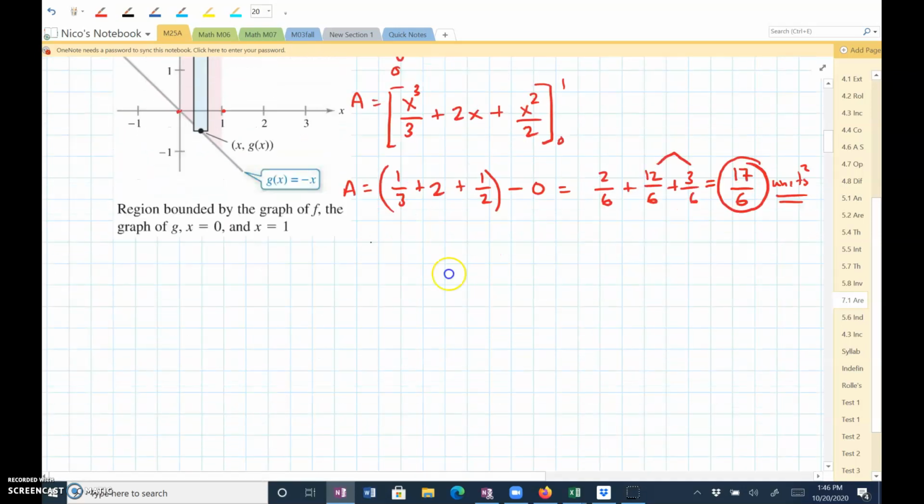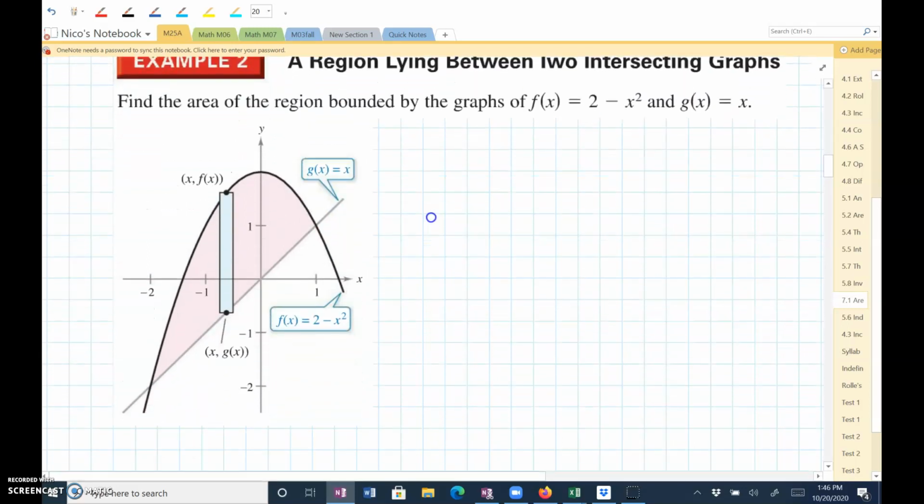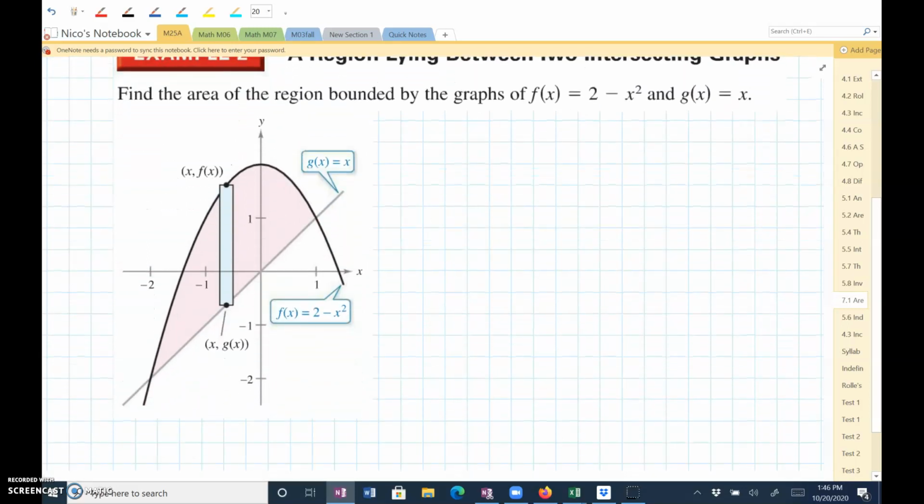Let's take a look at another one. Find the area between the curves here. So this time the area equals the integral. This goes out to -2 and this goes out to 1, so it's from -2 to 1.